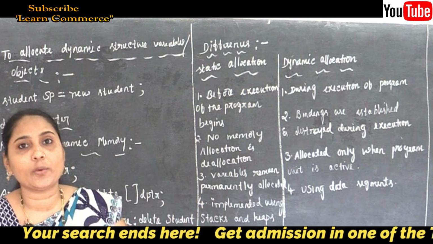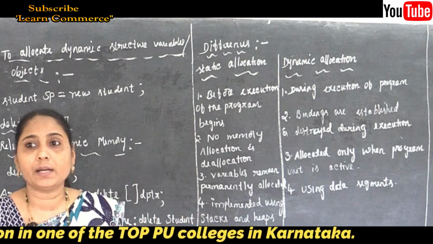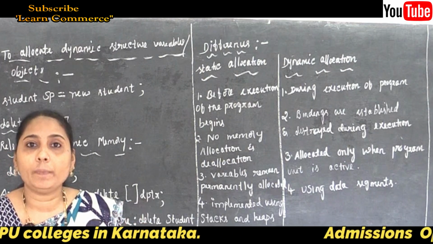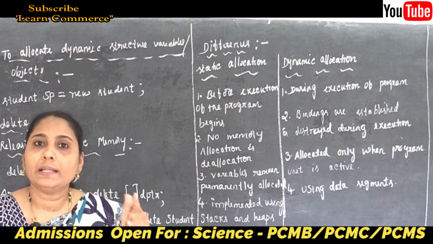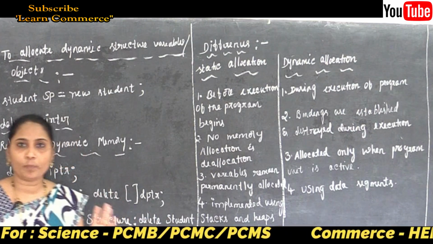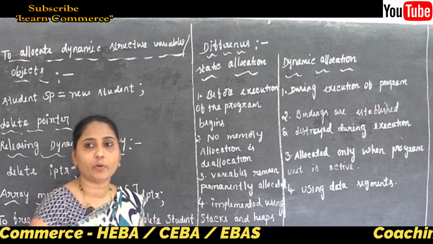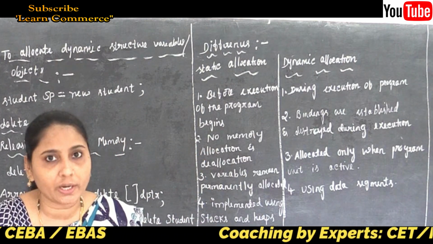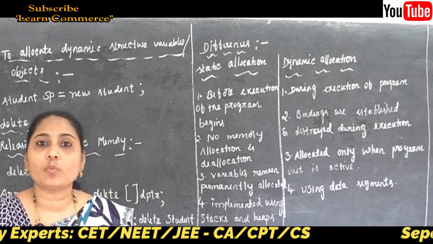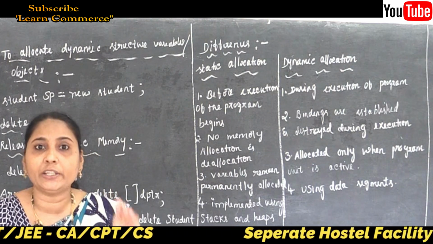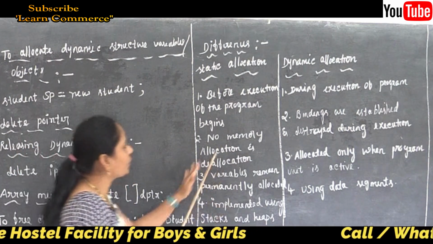Maybe integer 2 bytes, character 1 byte, or float, which reserves 4 bytes. So in static allocation, no allocation and deallocation actions are performed, because the memory is allocated during declaration time only. Clear? So this is about static.